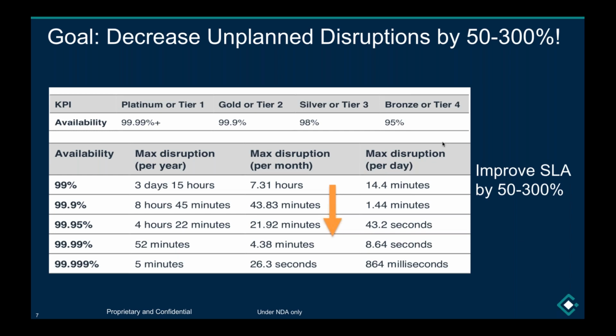I mixed that up. If you're moving from 99.9 to 99.95, then you're really talking about a huge improvement, additional 300%. So anywhere between 99 to 99.95, it's a 300% improvement. It's a huge difference if you just moved from your data center to your cloud platform.